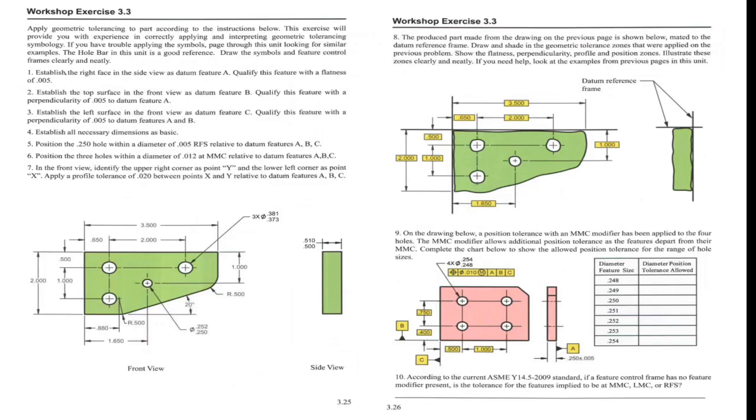Okay, then here we have to draw the datum feature symbol and the flatness on this right hand side face. This is a flatness symbol, and the value is 0.005.